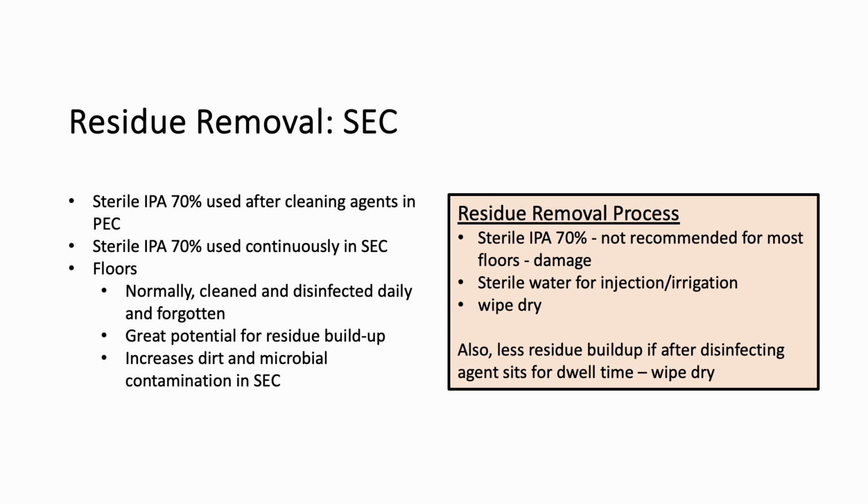So it's really important to remember to remove residues. This is going to be done at different frequencies depending on your facility and the type of cleaning agents they use. Now, sterile IPA 70% is excellent at removing residues. And in the room on a daily scale, you're using isopropyl alcohol 70% all the time, so it's basically removing residues on a daily basis.